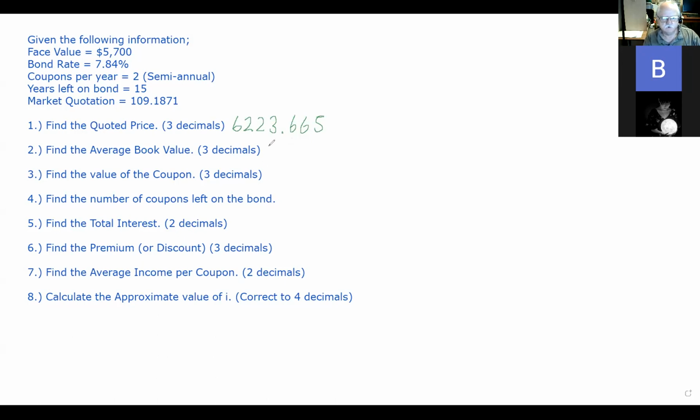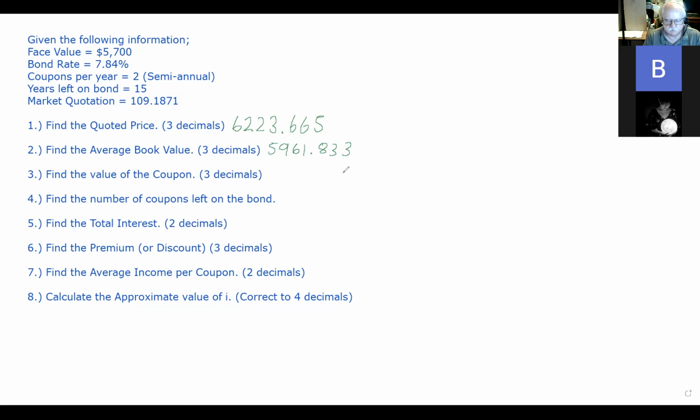That looks good. 5961.833. So find the value of the coupon. So take the face value of the coupon times the coupon rate.